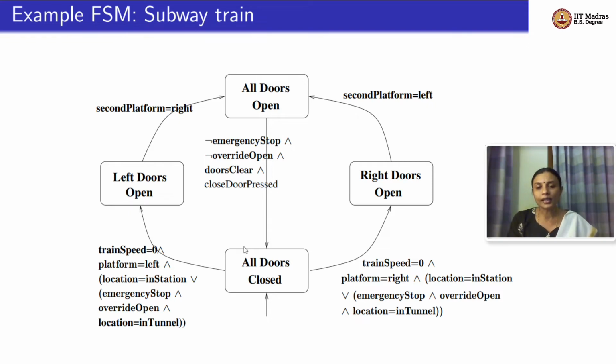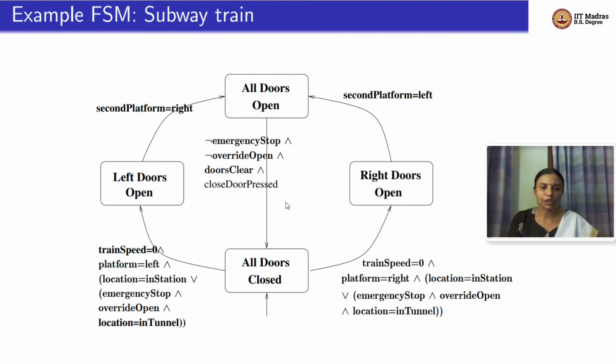So the initial state says that however many doors there are, all of them are closed. From that state, you could take a transition through this edge, the left-hand side, to a state where the left side doors all open up, or from all doors closed, you could take a transition to a state on the right side where the right doors open up.